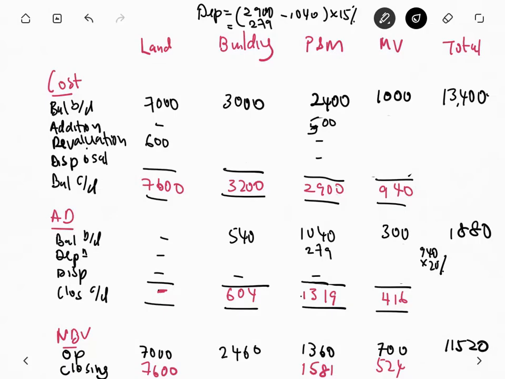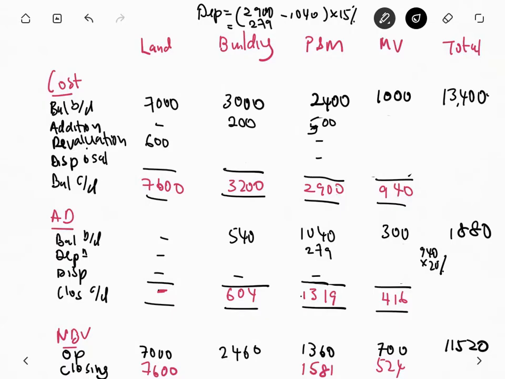Building, I extend, cost me 200. Should I plus? 200 addition. So 3,002 and my depreciation is 2%, straight line, means 2% on cost. You take 3,002, no need to minus because it's straight line, times 2%, how much? 64 will be my depreciation charge for the year.